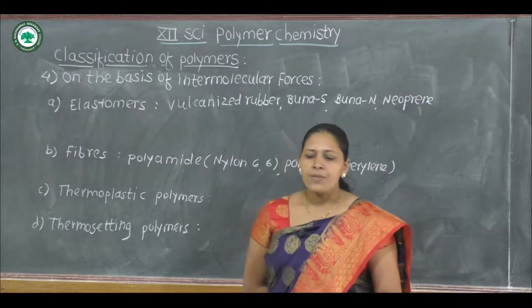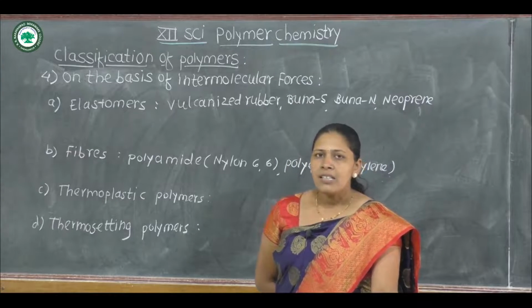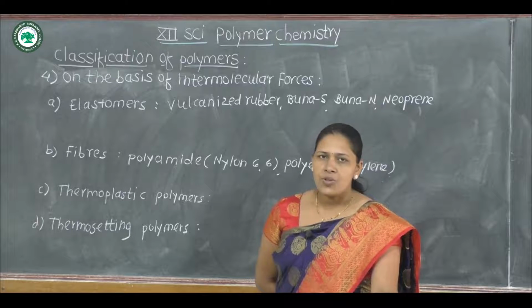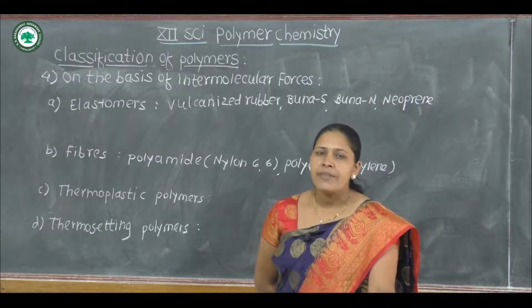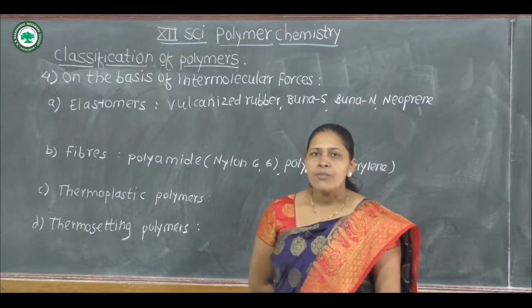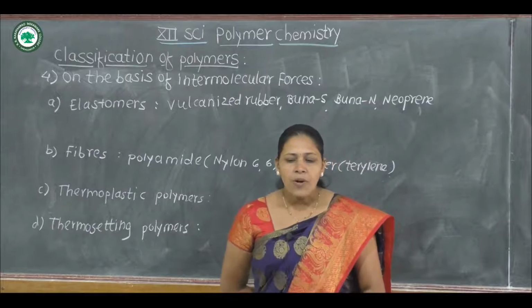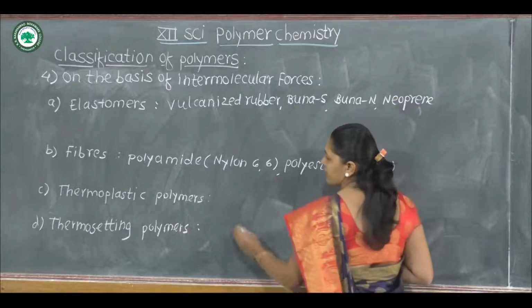This property is due to moderately strong intermolecular forces that are intermediate between elastomers and fibers. Examples of thermoplastic polymers are polythene, polystyrene, polyvinyls.